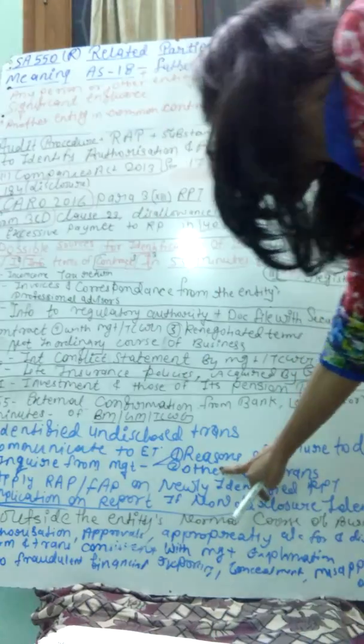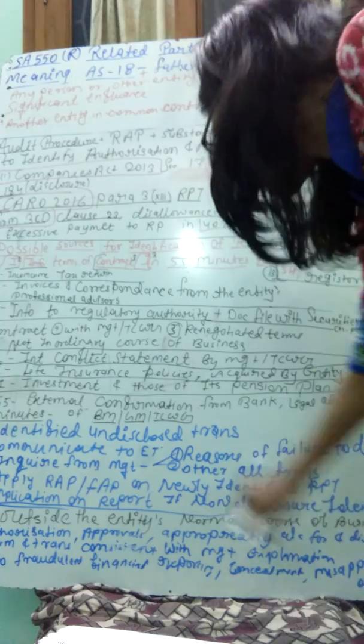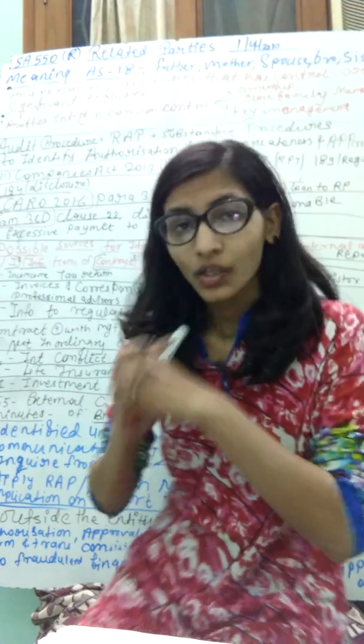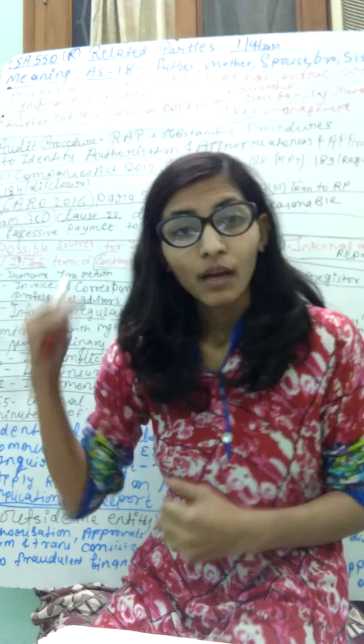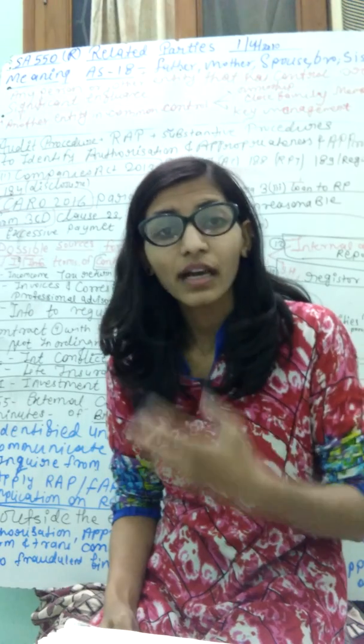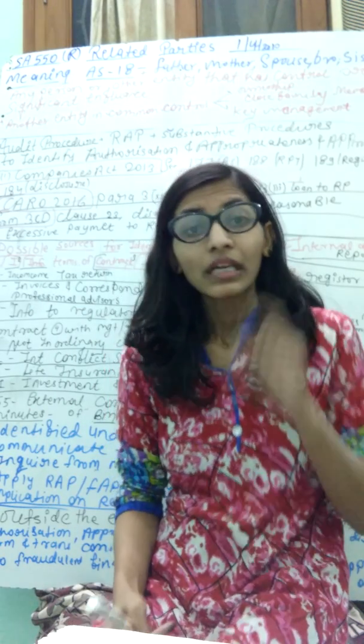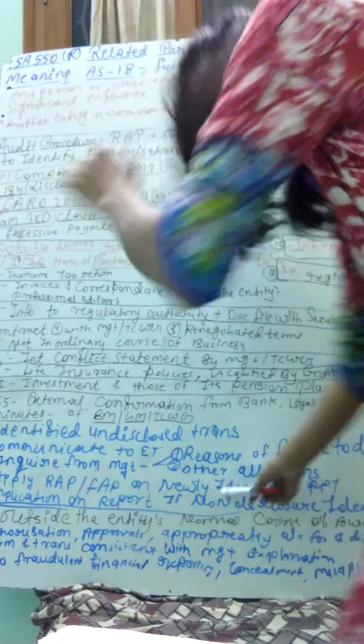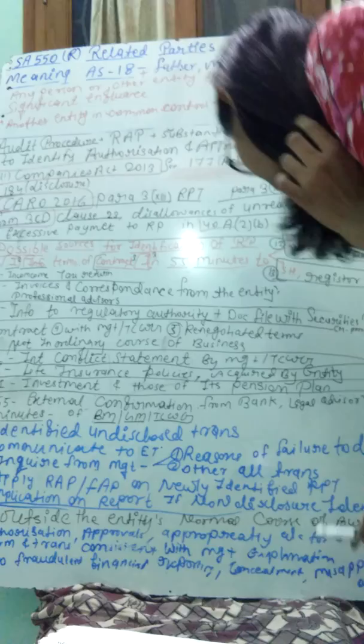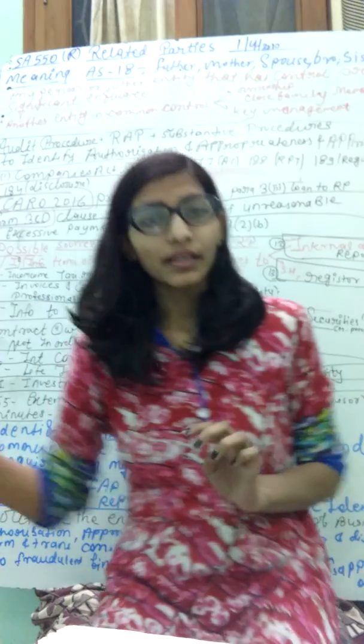Then you inquire from the management about the reasons for failure to disclose the transaction. Then again you tag all the other transactions of that particular related party.